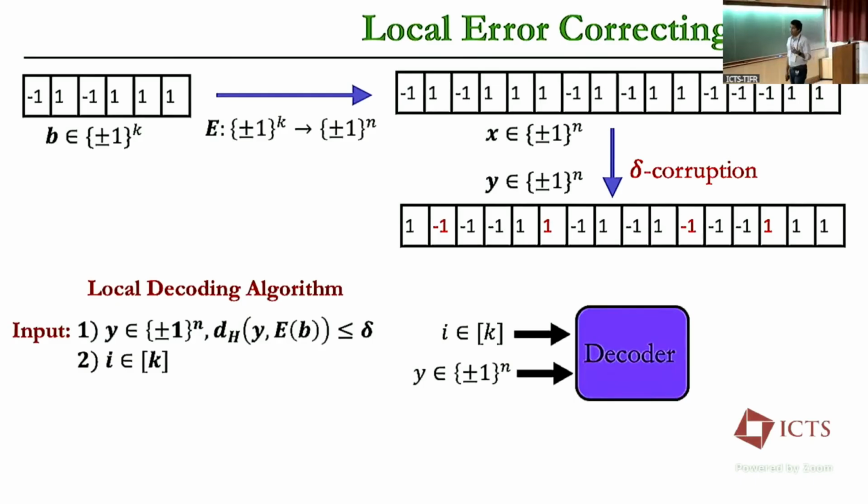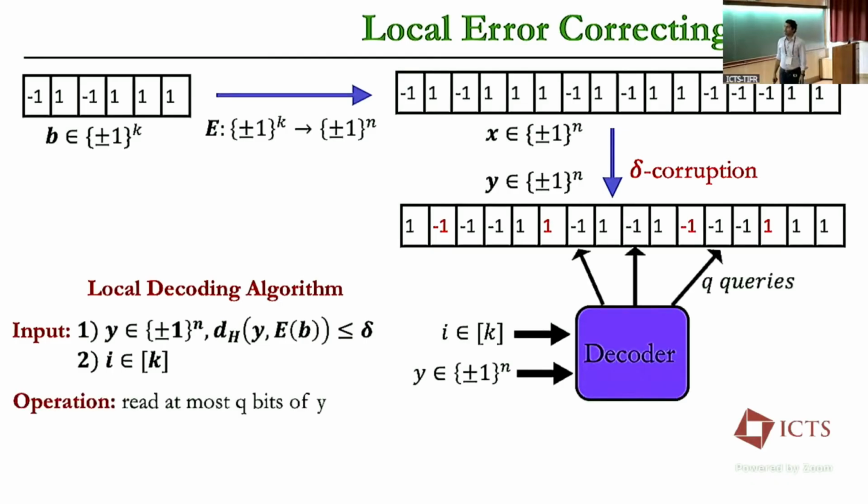A usual decoder can decode the whole message, therefore also tell you the ith bit. But the decoder now can do only something very simple. It can read at most q bits of y, and q is going to be very, very small. In fact, the whole talk is about q equals 2 or 3 or 4. So this decoder is going to be super simple. It reads up to 4 bits, q bits in general, and then based on this, makes up its mind about what the ith bit is supposed to be.